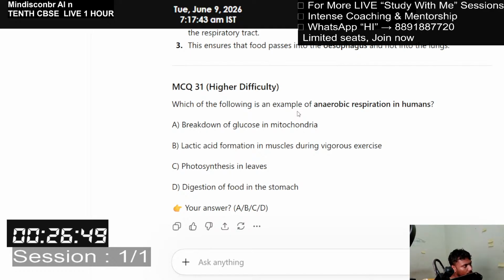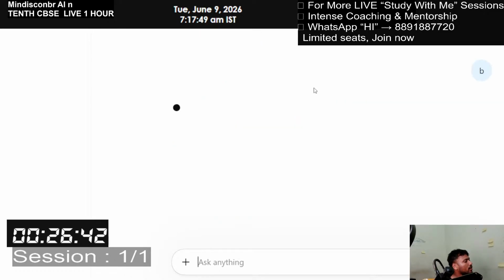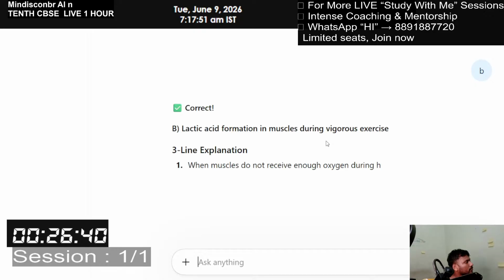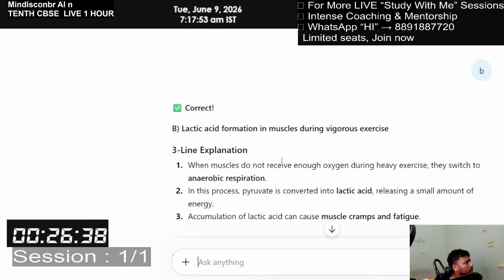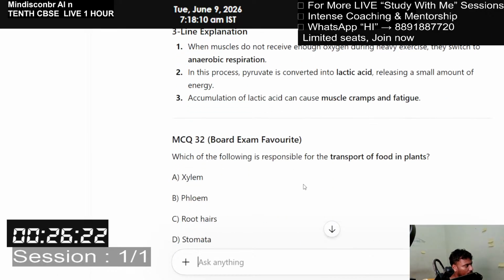Lactic acid formation in muscles during vigorous exercise is an example of anaerobic respiration in humans. When muscles do not receive enough oxygen during heavy exercise, they switch to anaerobic respiration. In this process, pyruvate is converted into lactic acid, releasing a small amount of energy. Accumulation of lactic acid can cause muscle cramps and fatigue.